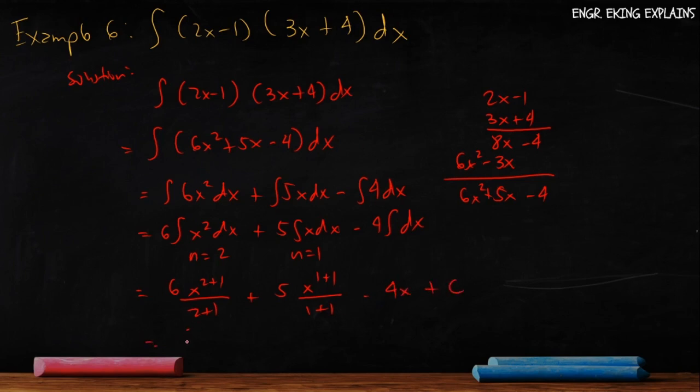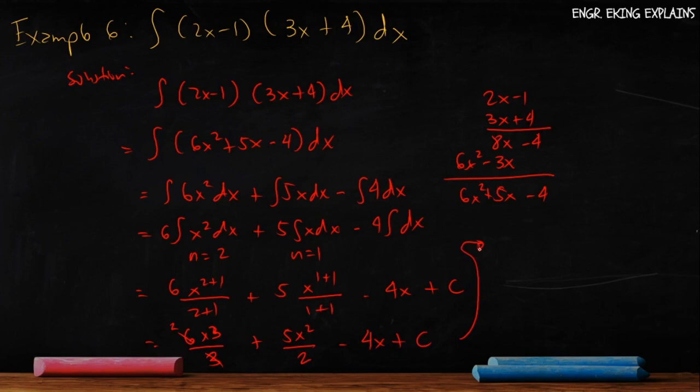So we'll end up with 6x squared over 3. So this is not squared but cubed, 3, x cubed, plus 5x squared over 2. Okay, then minus 4x plus c. So this will be cancelled. So this will be 2.